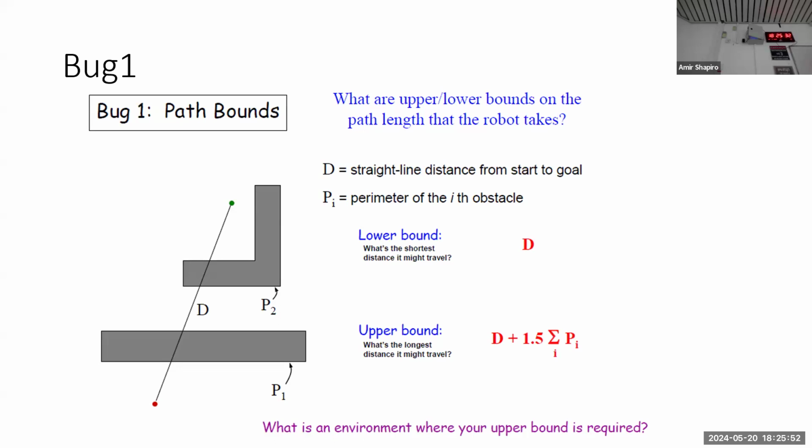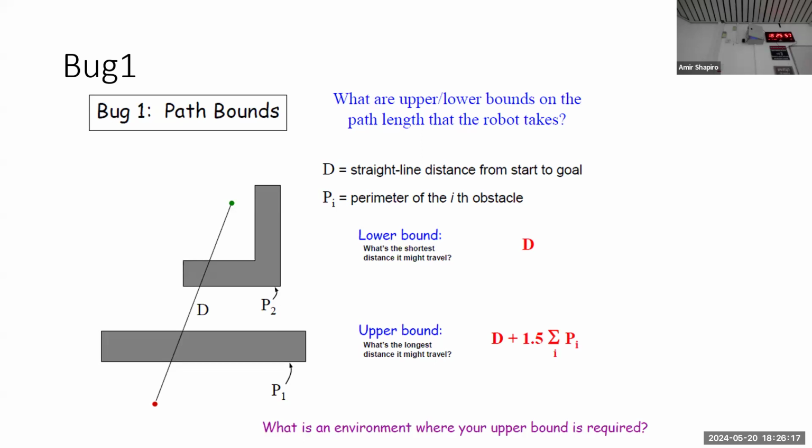But if there are obstacles, at most we'll go 1.5 times around each obstacle. So the upper bound of the length of the path is d plus 1.5 times the sum of the boundaries of the obstacles.